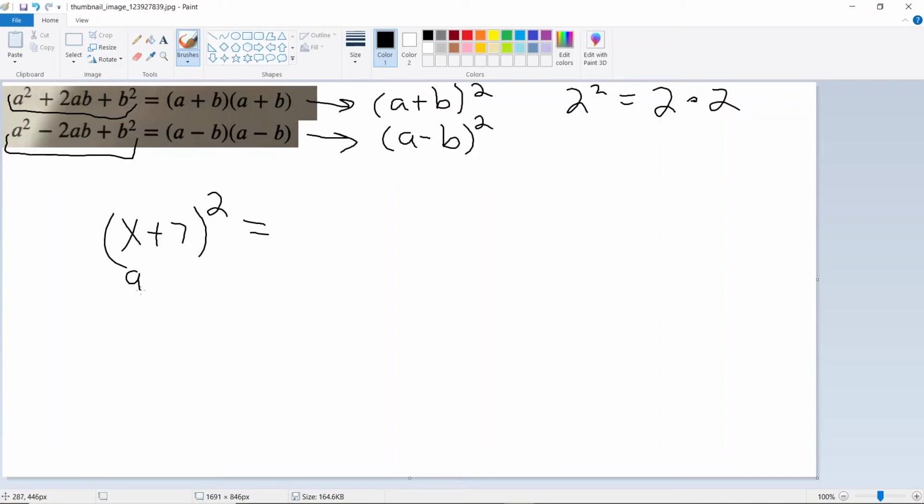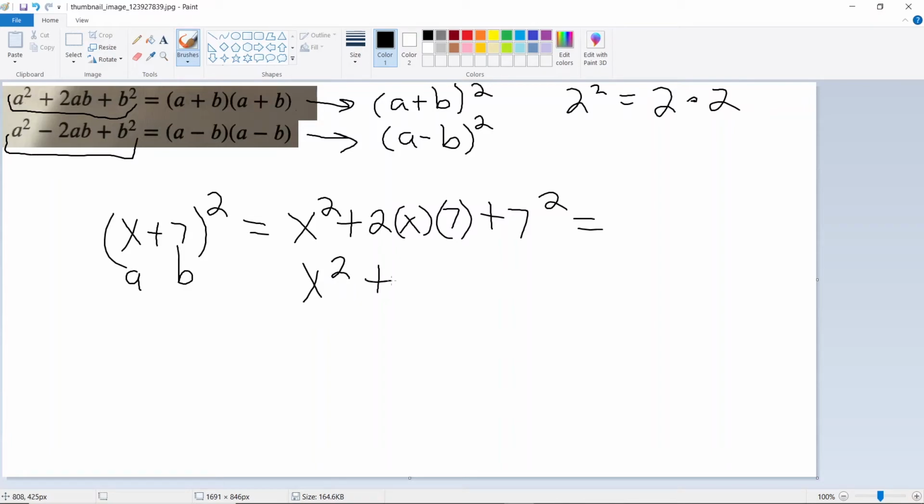Well, just so we can recognize the pattern, it's going to be x squared plus 2 times x times 7 plus 7 squared. And that equals x squared plus 14x plus 49. So just follow the pattern.